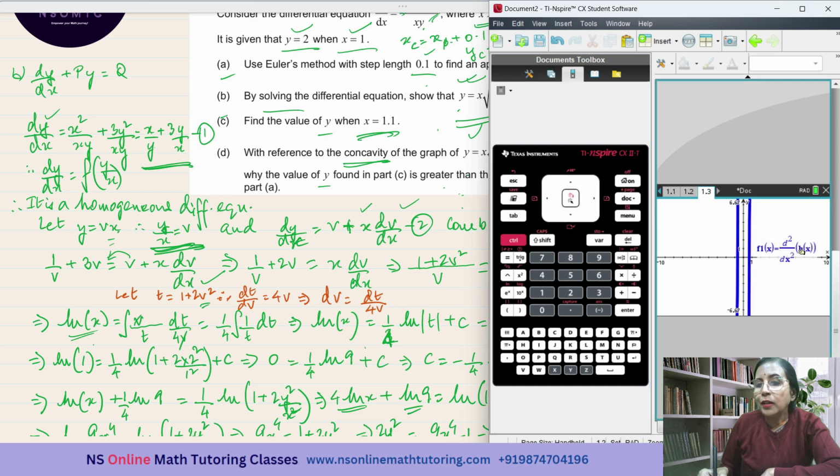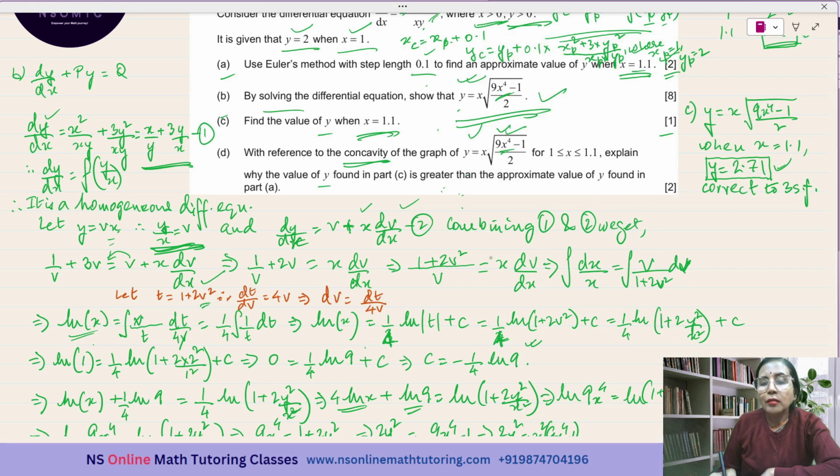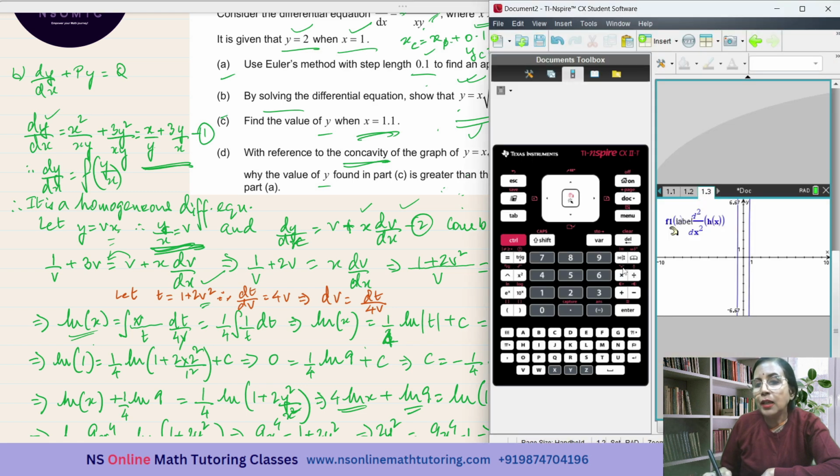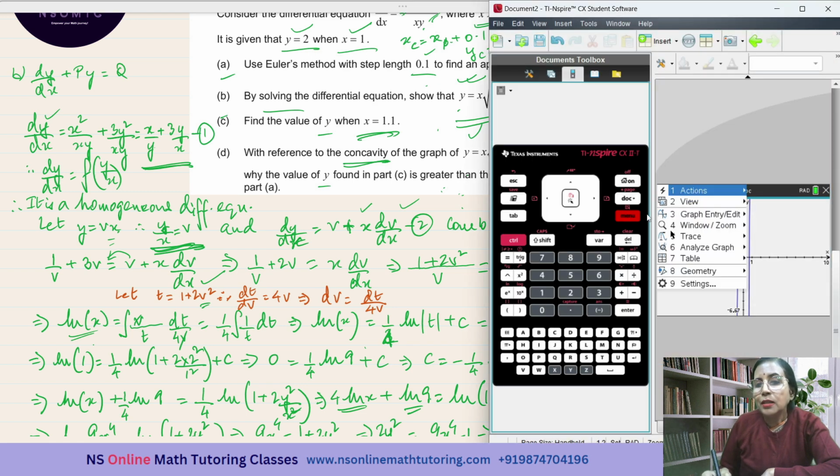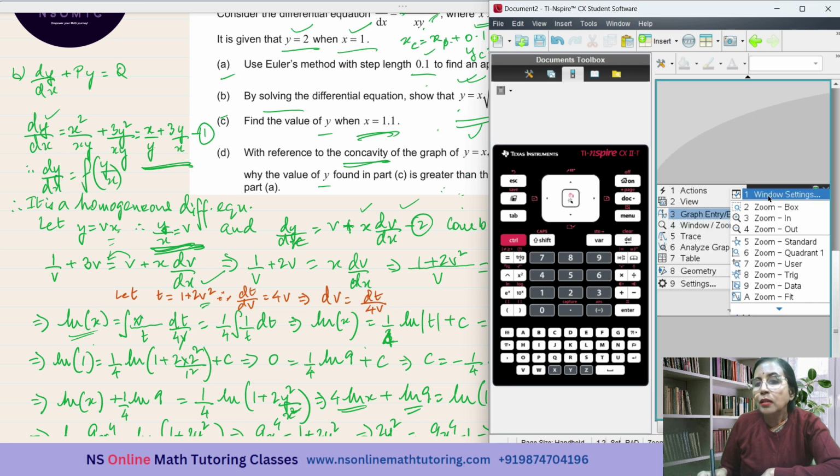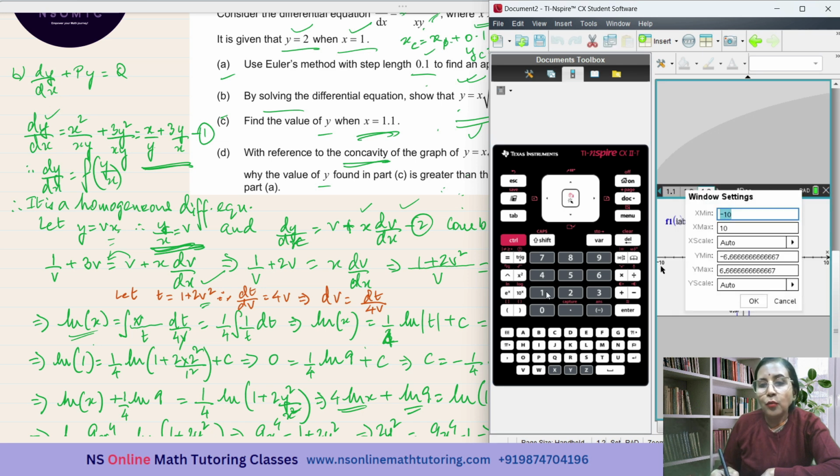That is fine, very good. But what is the range of values that x has? Between 1 and 1.1. So I can change the window settings, it is between 1 and 1.1, and okay.